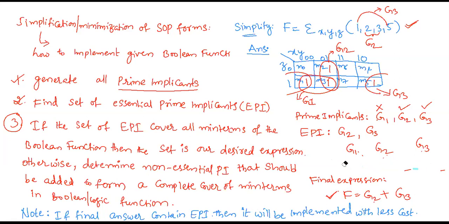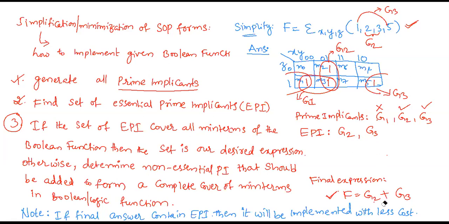Our answer: G1 is not an essential prime implicant, so G2 and G3 are essential prime implicants. So we can write the final expression as the set of essential prime implicants.